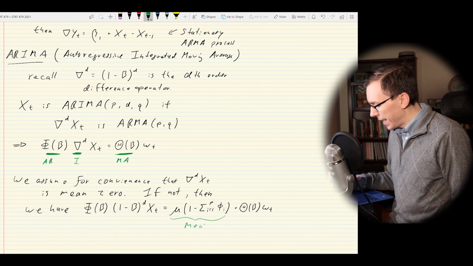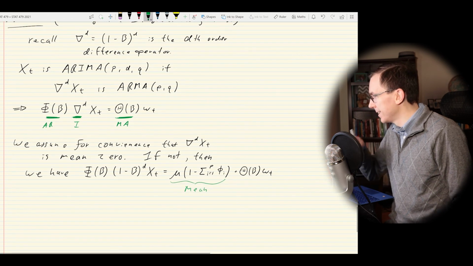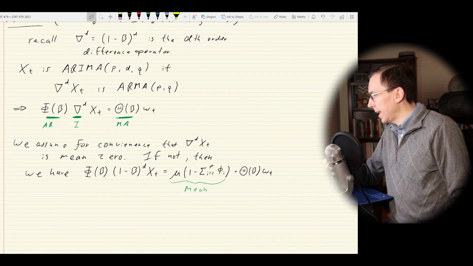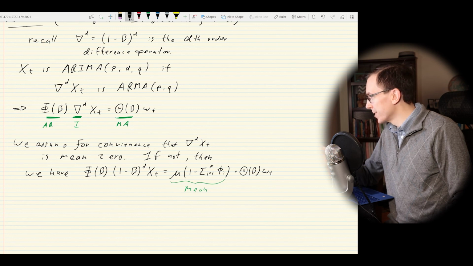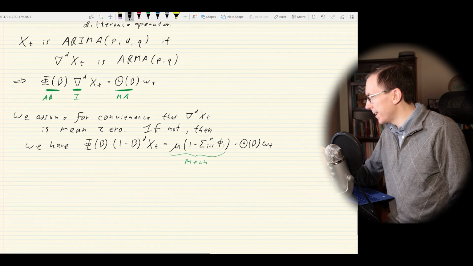So now we have our mean here. The idea being that if we difference this out, we would still have that mean in the equation.